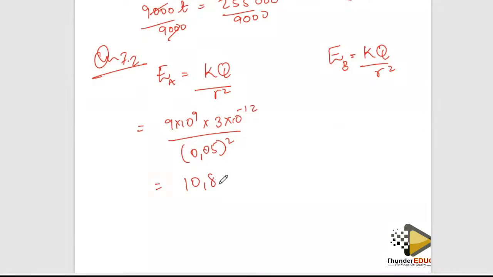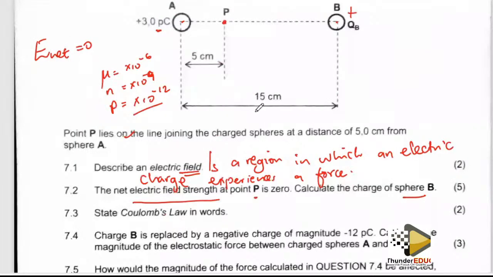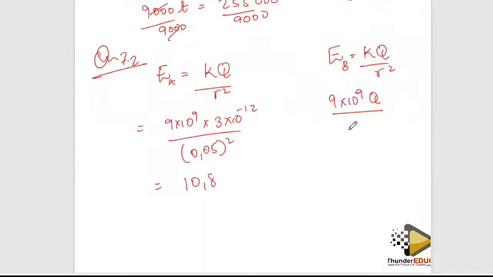Then I come this side and look at B. It's going to be 9 times 10 to the 9 times the Q over the distance. Now, since the total is 15, this distance is going to be 10 centimeters. 10 times 10 to the negative 2, and then you square that.